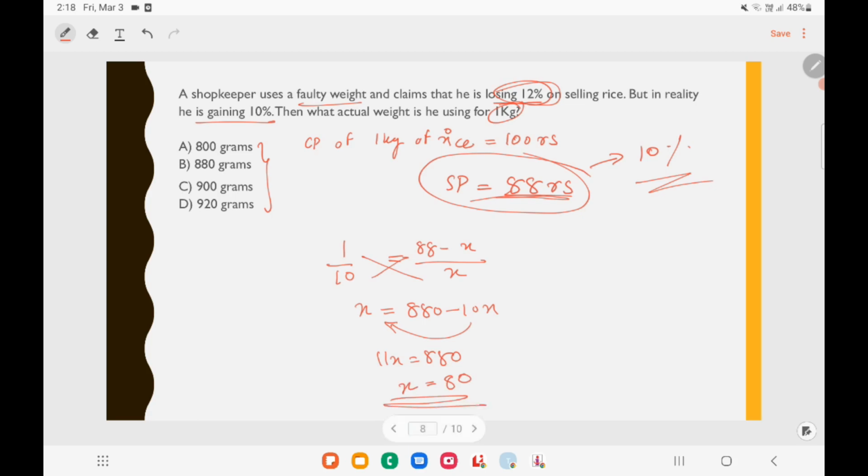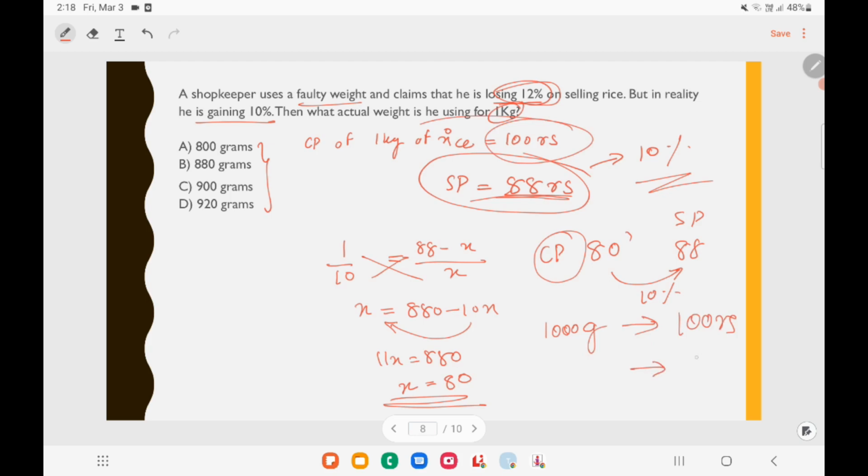It means that his cost price should have been 80 and his selling price should have been 88. Then he will be having a profit of 10%. But we know that for 1 kilogram of rice, that is 1000 gram of rice, the cost price is 100. Then we have to find out what is the weight of 80 rupees rice.